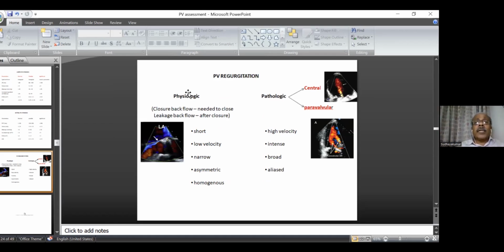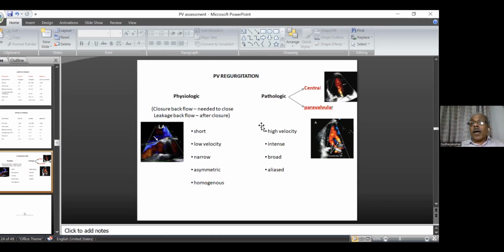But you should know that there is physiological regurgitation which can occur normally, because when the valve closes, there will be a backflow. That is always there, and there is a leakage backflow which occurs a little after the closure. This is relatively short, low velocity, narrow, symmetric, and homogeneous, with no aliasing.